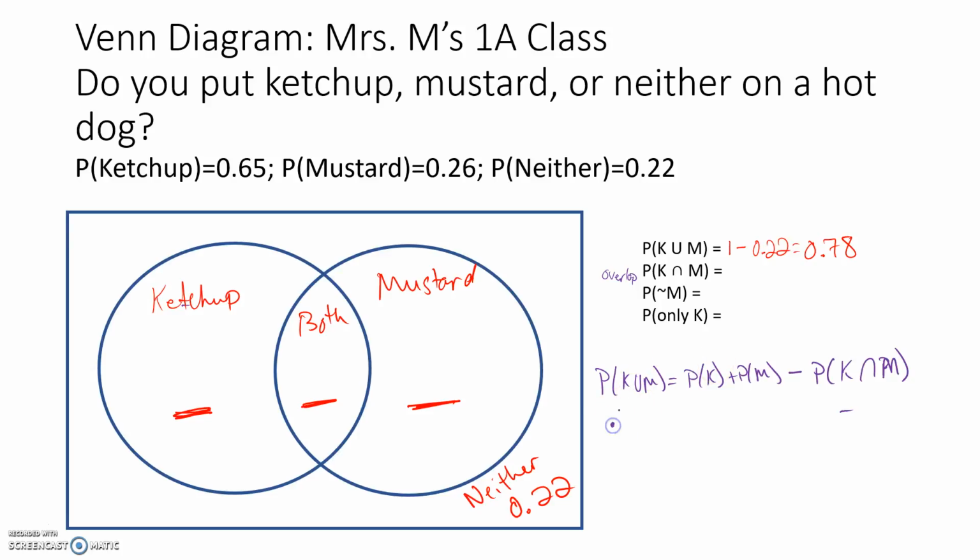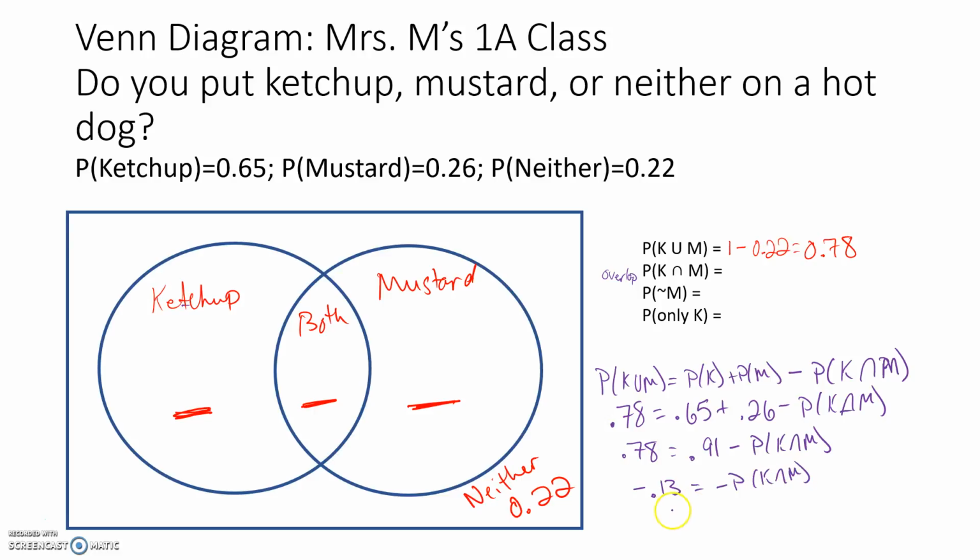So we know that the probability of one or the other is 0.78. We know the probability of ketchup is 0.65, and the probability of mustard is 0.26, minus the probability of K and M. So we get 0.78 equals 0.91 minus the probability of K and M. So we subtract out, we get negative 0.13 when we subtract 0.91 from each side, equals negative probability of K and M. And so we divide both sides by -1, so 0.13 is the probability of K and M. So 0.13.